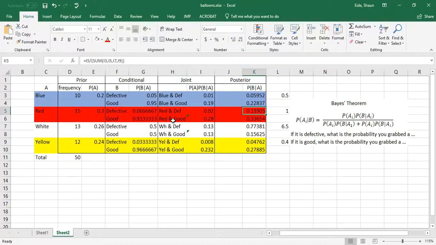So if I randomly grab a balloon that's good, what is the probability that it is blue? The probability that the balloon is blue is 0.228. If I randomly grab a good balloon, what is the probability that it is red? That probability is 0.33665. And that's based on the frequency of occurrence of the red balloons, and also the probability of it being good or defective.